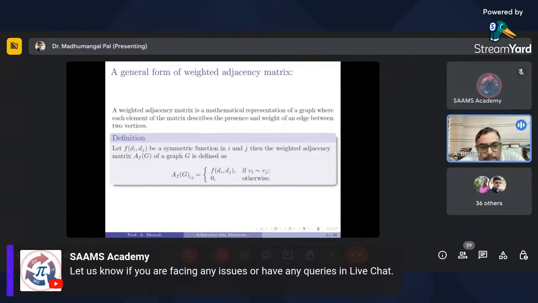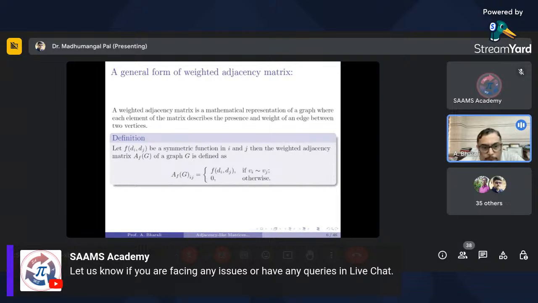Here you can see that this can be generalized to a function of the participating vertices for a particular edge. So instead of putting 1 or some arbitrary weights, we can define a function of the vertices participating in that particular edge.